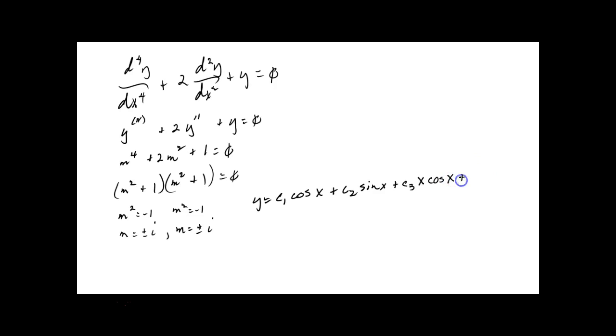Plus C4 x sine x. You knew it. Okay, let's see how they did. C1 cosine x plus C2 sine x plus C3 x cosine x plus C4 x sine x. That's it.